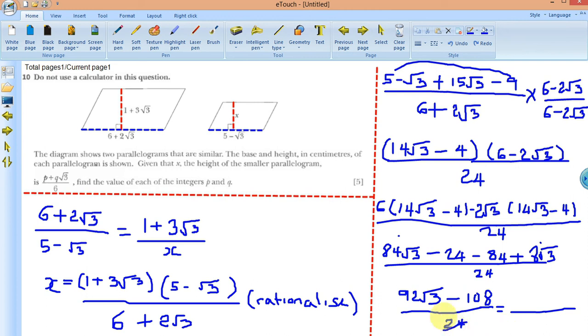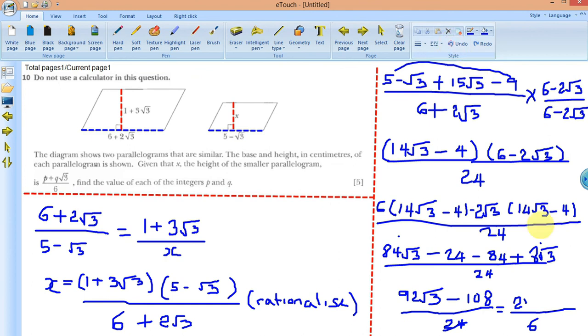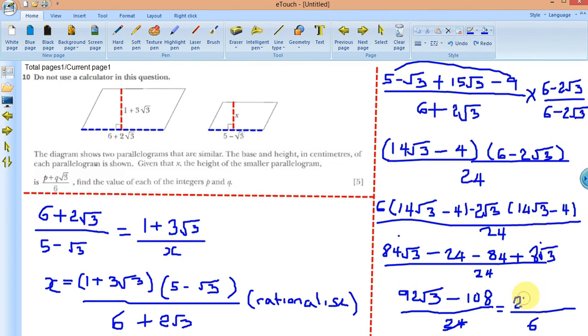So this is 23 root 3. Then 108 divided by 4 minus. So what is 108 divided by 4? So use 4 to reduce the denominator and numerator. That is minus 27.